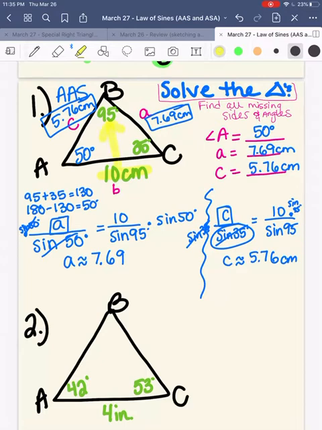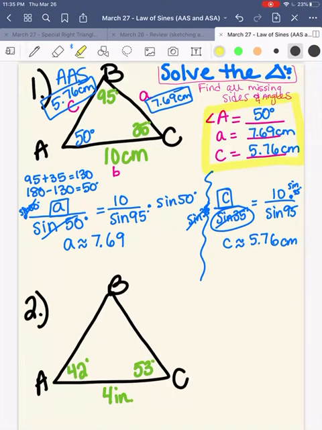Is the angle across from it the largest angle? Yes. Okay, 35 is the smallest angle. Is 5.76 the smallest? Yes. Now, this is not going to help you check your answer like 100% for accuracy, but what it will do is it will help you just make sense of your answer, that they kind of are in the right spot. All right, so that's all you have to do.